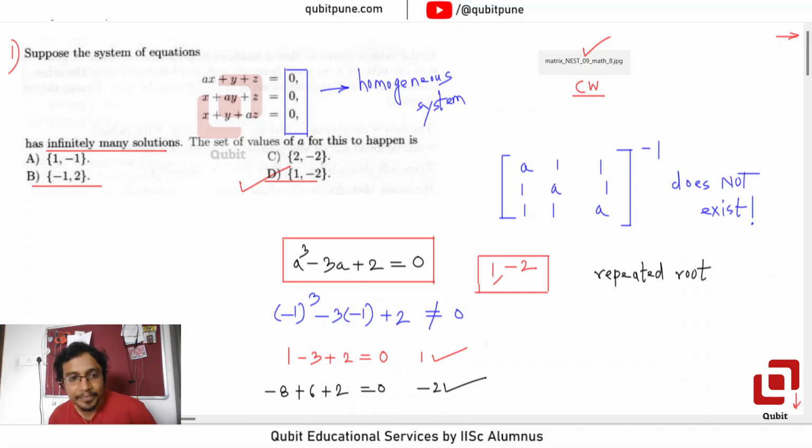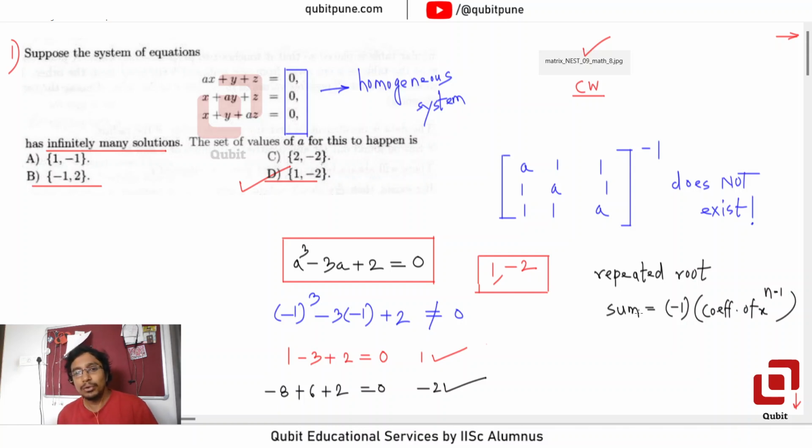It's simple. I have told you that the sum of the roots is always the negative of the coefficient of x raised to n minus 1. We can also find it using the product, but we are more comfortable with the sum.